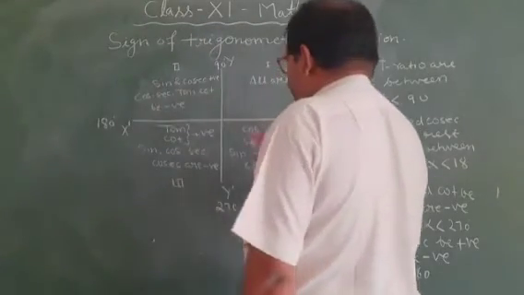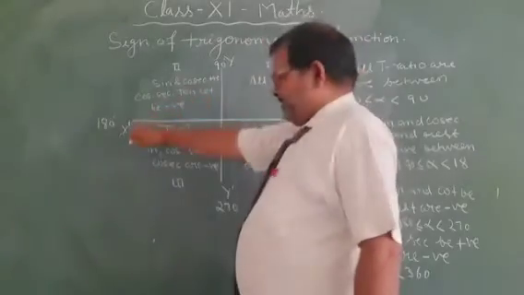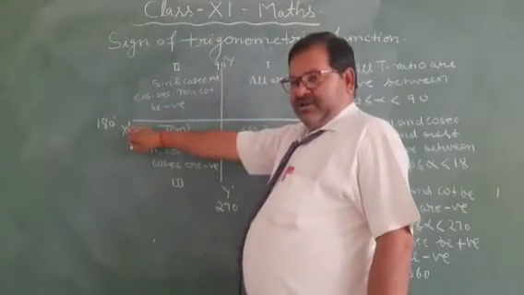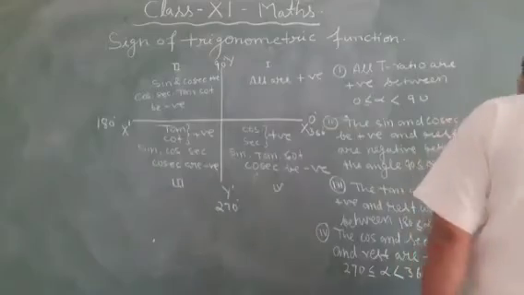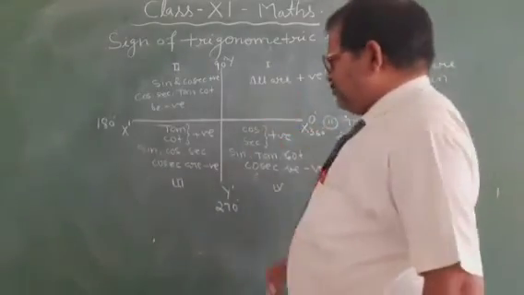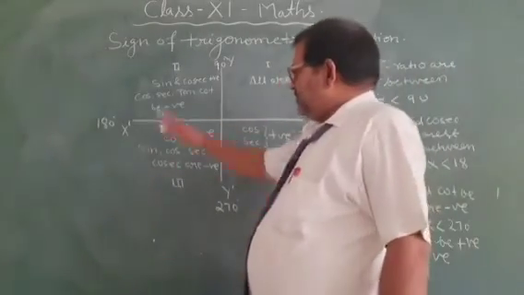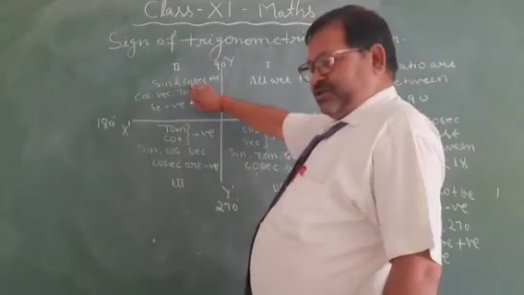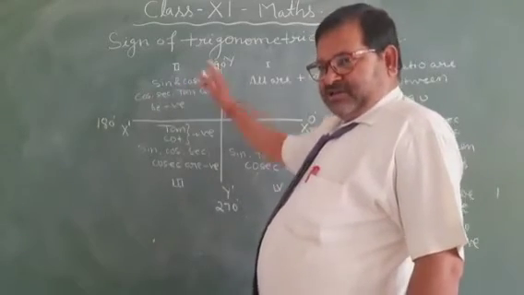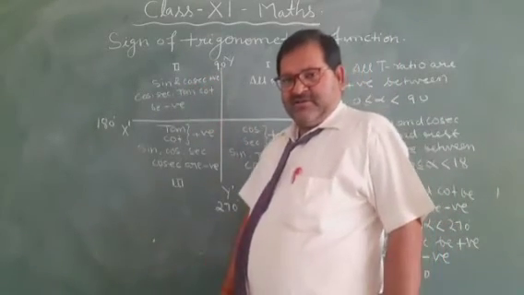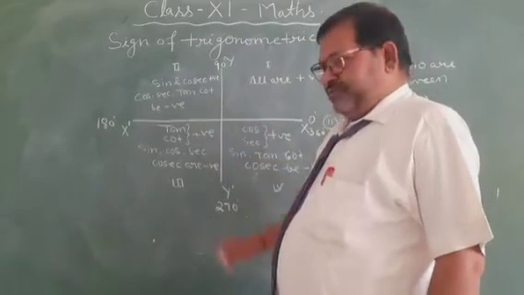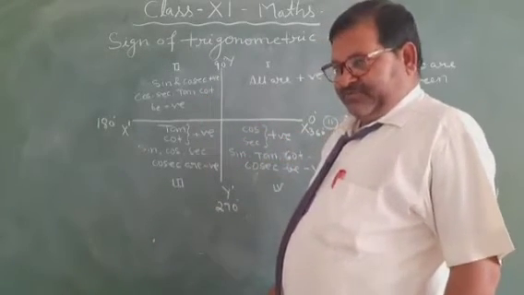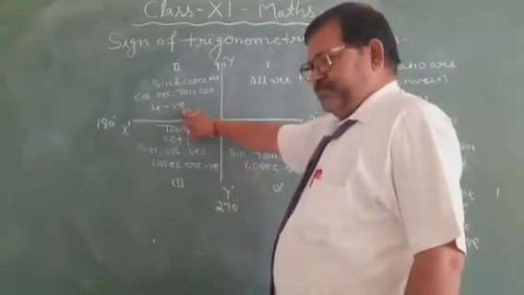And angle 90 to 180, the sine and cosec be positive and the rest of trigonometric functions be negative.